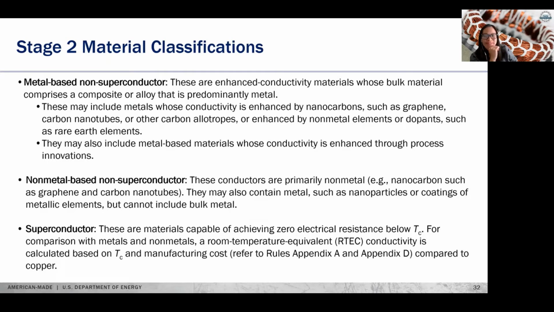Thanks, Cameron. As he mentioned, the key parts are the testing and the reviewer's assessment of the submission materials. We are also asking you to classify your entry as either a metals or non-metals or a superconductor to help us get the right expertise for our reviewers and judges. The first category of experts, we really need metal experts, both experimentalists and metallurgists and theorists who know metals.